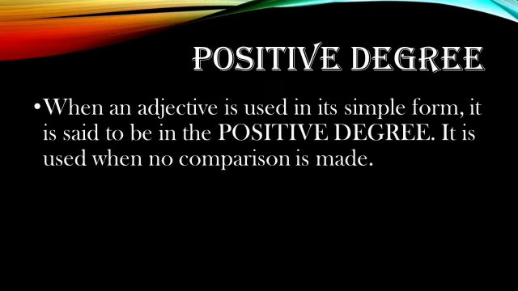That means this is your positive degree. So children, you can also say that the positive degree is basic uncompared form of an adjective. It merely describes the quality without expressing or suggesting any comparison.